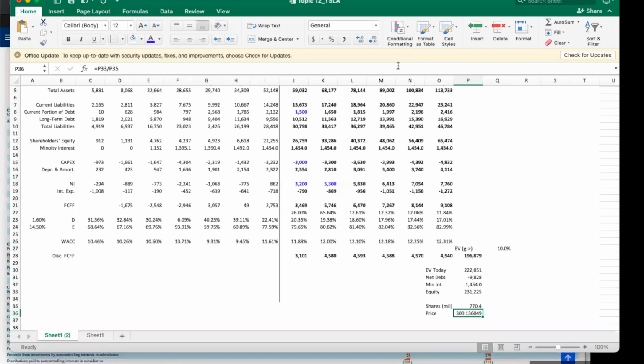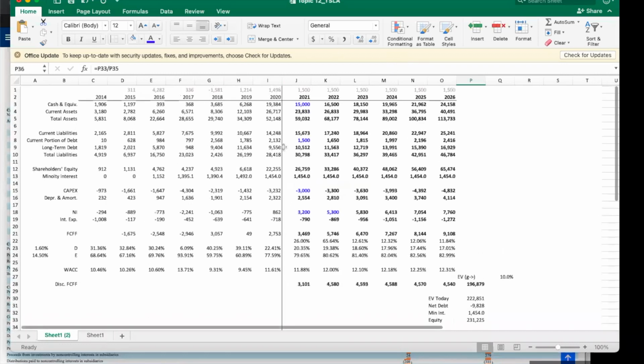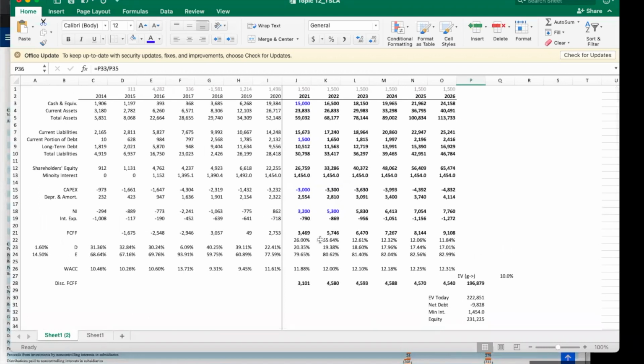And so it gives you that ability to do it. And it's very difficult to just kind of go through and say, okay, how do we get free cash flow to the firm? It takes time to get used to that.